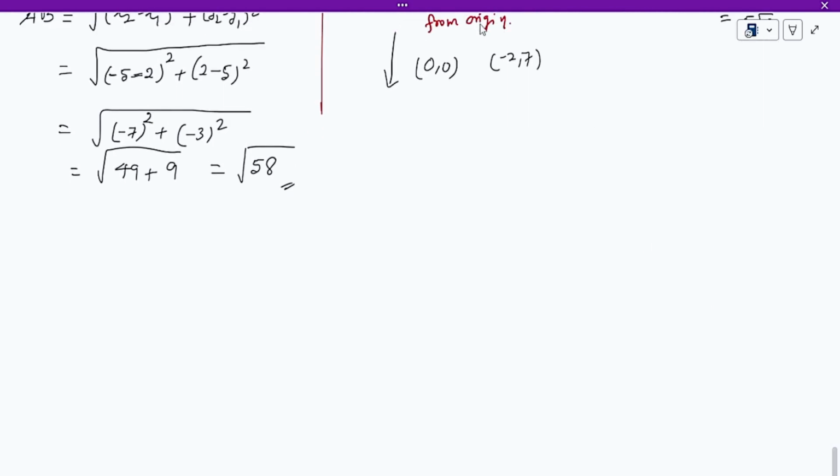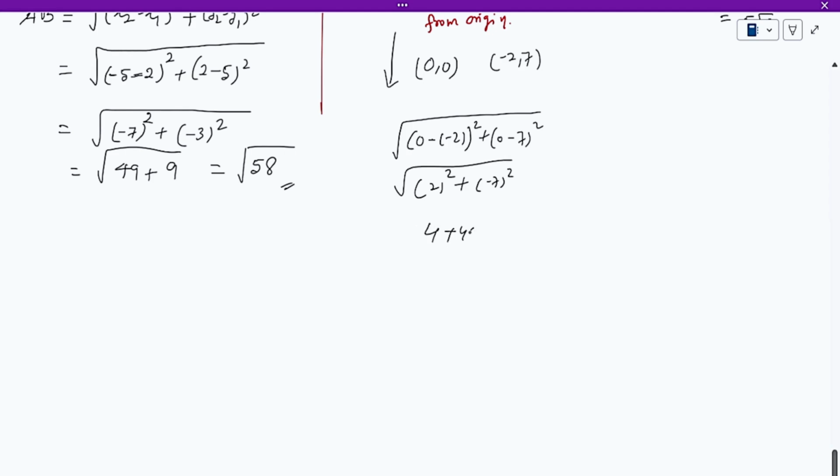It means we have to find the square root of the difference of this plus 0 minus 7 square. Now this is minus minus plus, so this is plus 2 square plus minus 7 square, root of this. So you'll get 4 plus 49, which means root of 53, right?